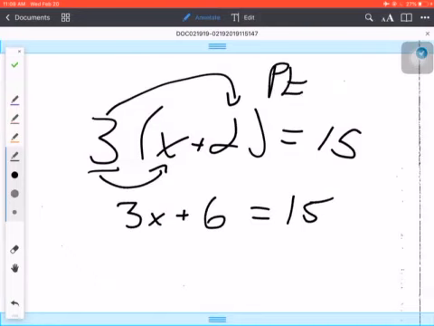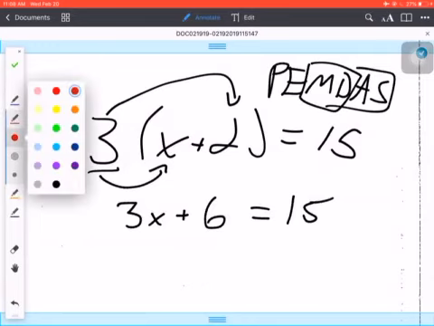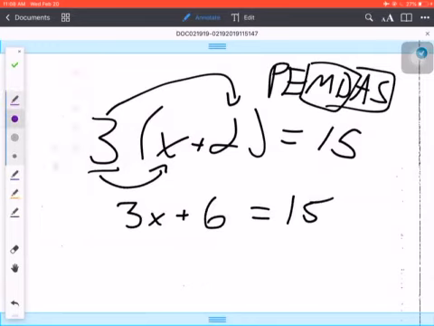Again, if I look at PEMDAS, now as I go through this, there is an addition problem. Let's make all these the same color now. So there is addition, so I'm going to undo that with subtraction.